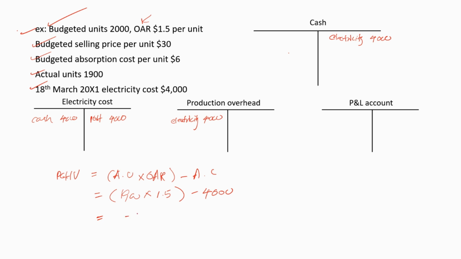This is equal to minus $1,150, which means adverse $1,150. Since this is an adverse variance, let's credit the production overhead cost account by $1,150 because this is an under absorption. And this goes to the P&L account. Then we debit the P&L account.